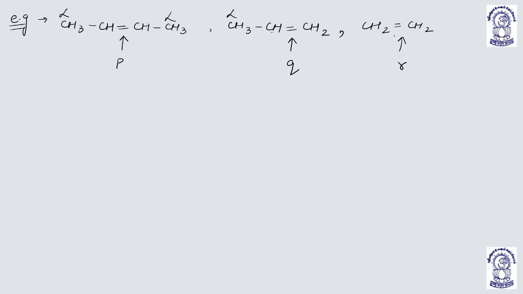There will be no alpha hydrogen here. Okay, so the P will be maximum, then Q, then R. Understood?